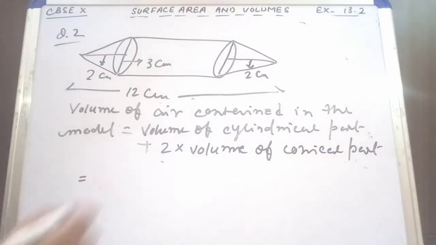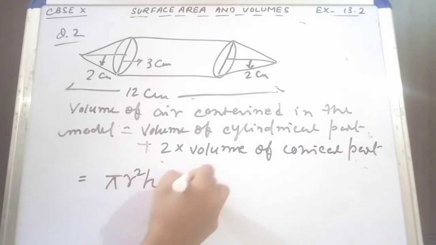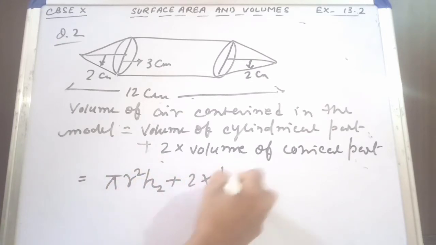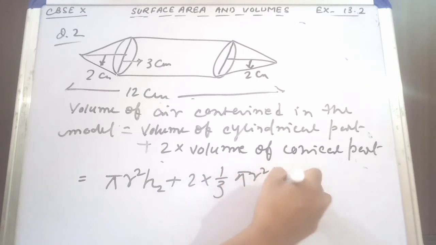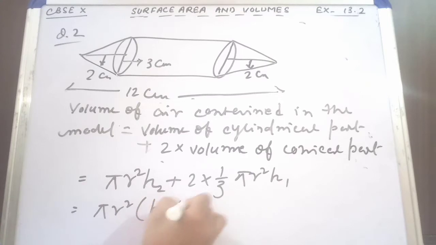Volume of cylindrical part is pi r square h2 plus 2 into 1 by 3 pi r square h1. Taking common pi r square, so h2 plus 2 by 3 h1.